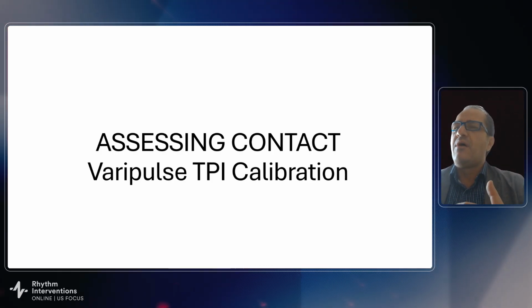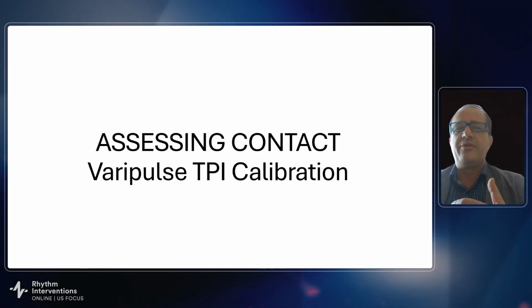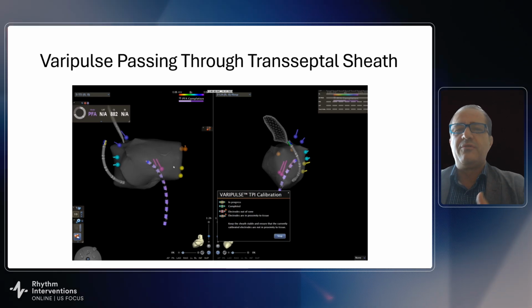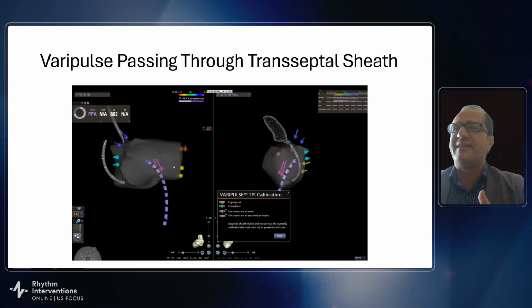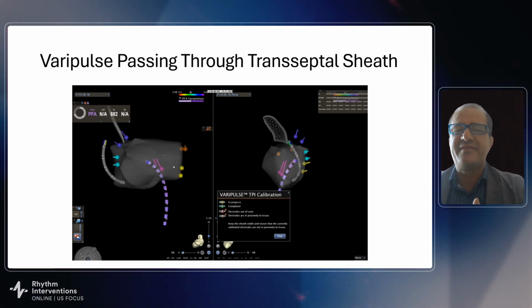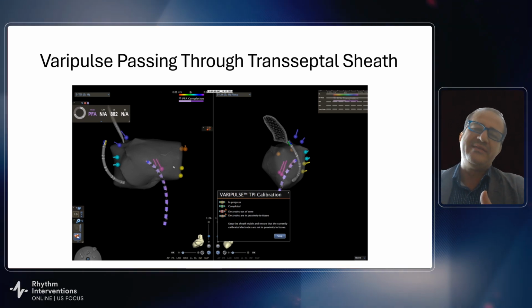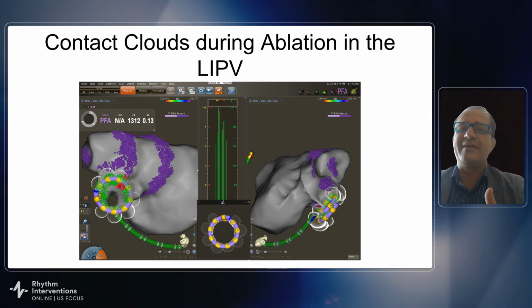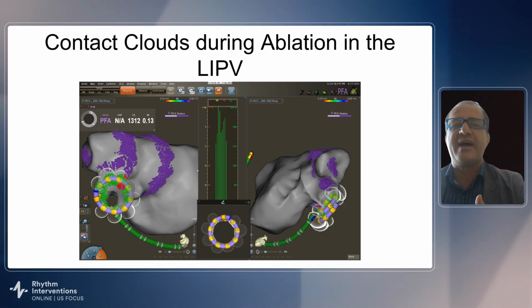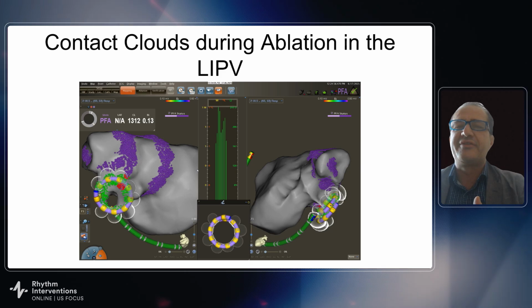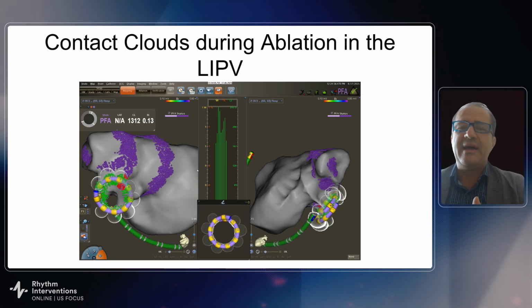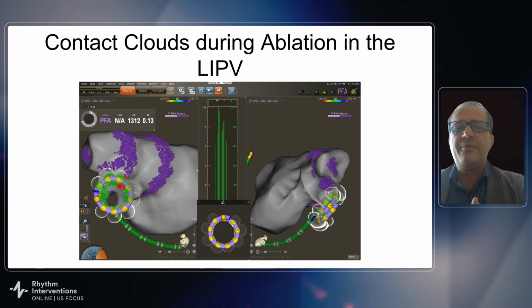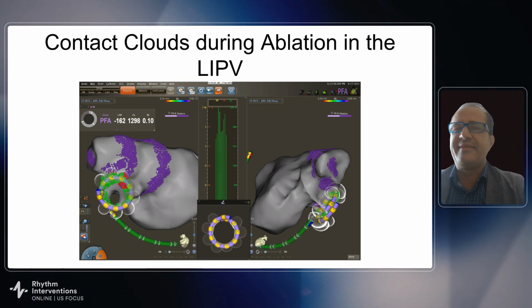And now we do the same with Varipulse after transseptal. We start assessing the contact, and you can see here all the 10 electrodes are out of the sheath, and then we assess contact. Once we have contact, we can see the contact through the TPI. Can you advance, please, to the video?